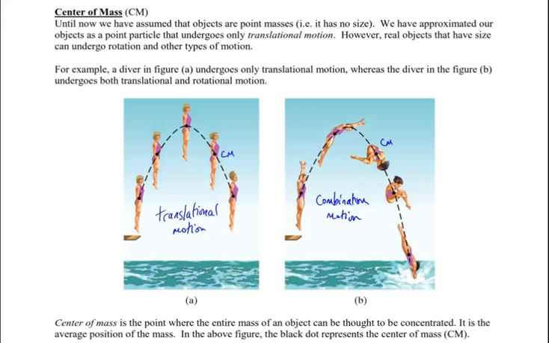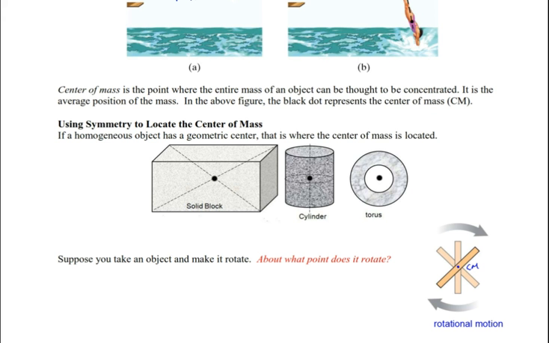Well, the easiest kind of object to deal with would be something that's highly symmetric. You go down to the bottom of your notes. If you happen to have an object that is highly symmetric, uniform density all the way throughout, then the simplest way to find it in this type of object is just to find the geometric center of that object.